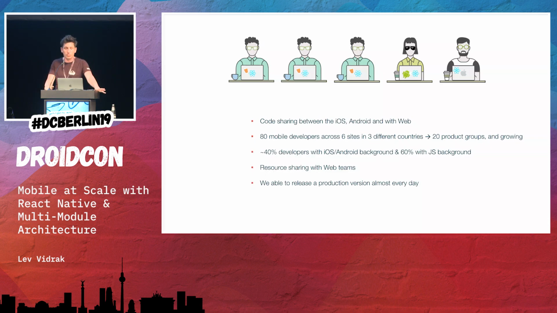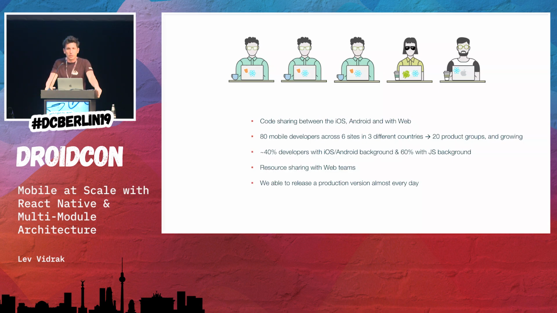It's a lot of developers, and we are spread across 6 sites, across 3 countries, across 20 different teams. And we all work almost independently. We still need native developers, of course, because as you saw, React Native is not fully JavaScript. We need native infrastructure. So about 40% of our team has a background with Android or iOS.